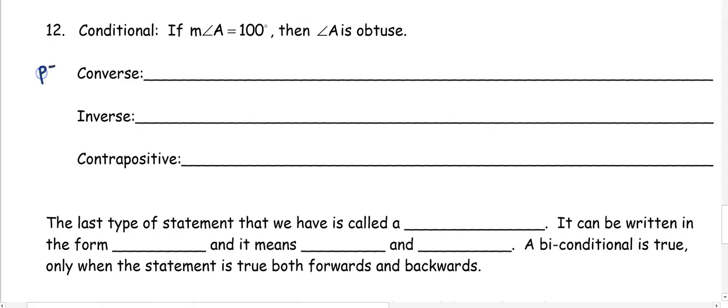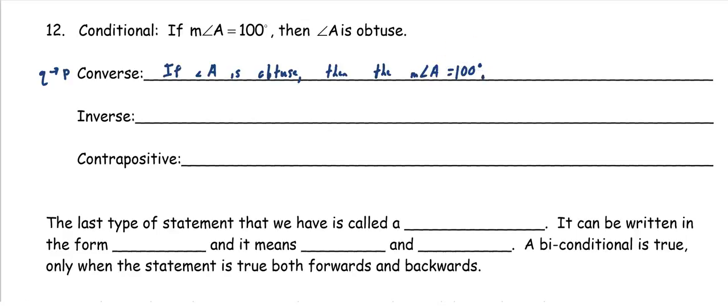So converse goes Q to P. So if angle A is obtuse, then the measure of angle A is 100 degrees. This statement would be false because we might have an angle that's 99 degrees, because that would still be an obtuse angle.